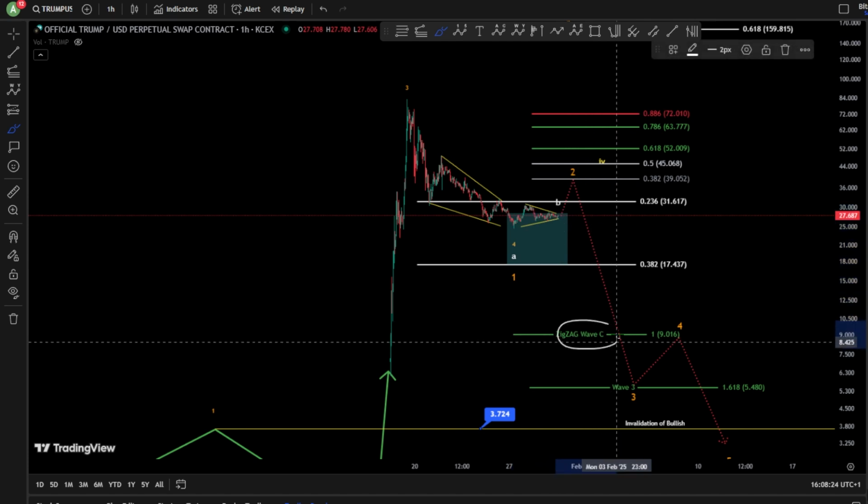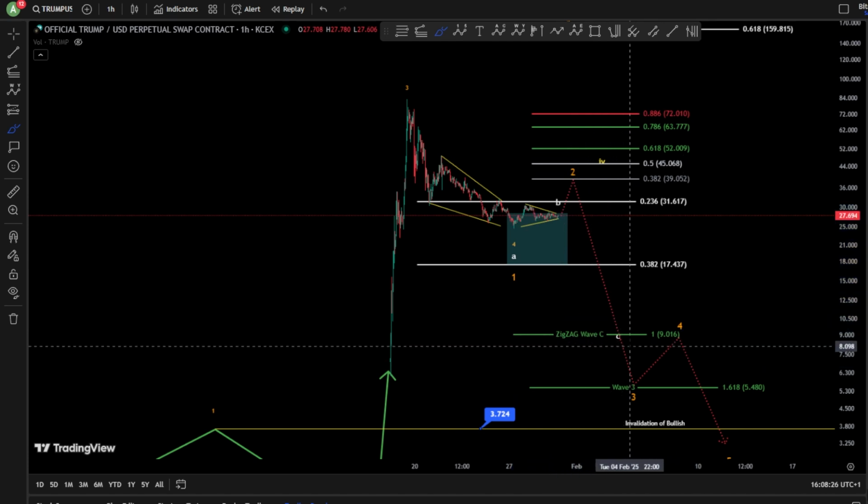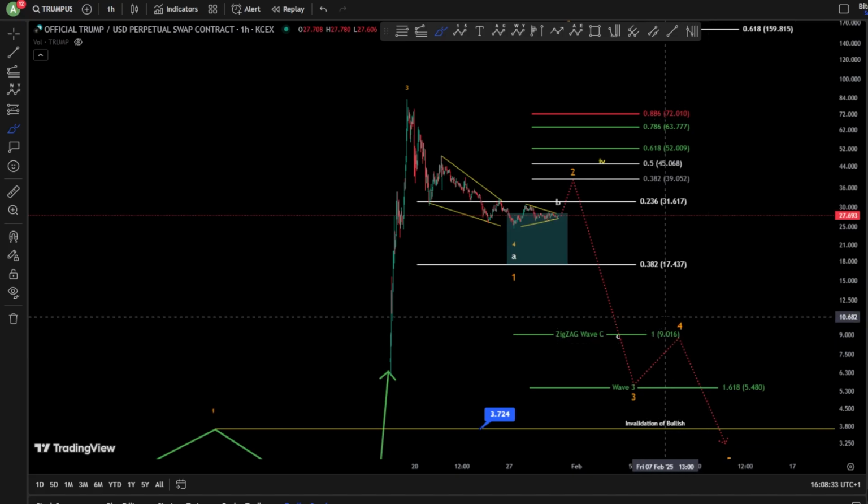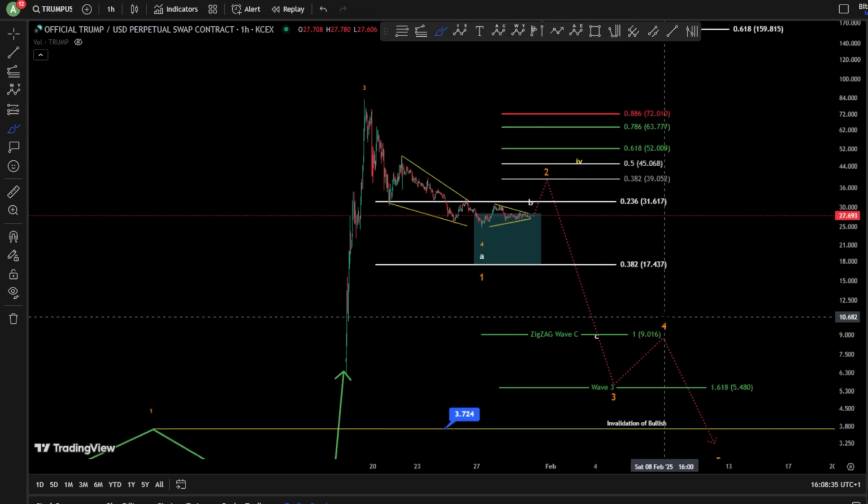For a zigzag, after wave B here, getting the $9 as the 1-to-1 fib level. So these are the scenarios for now on the Trump coin.